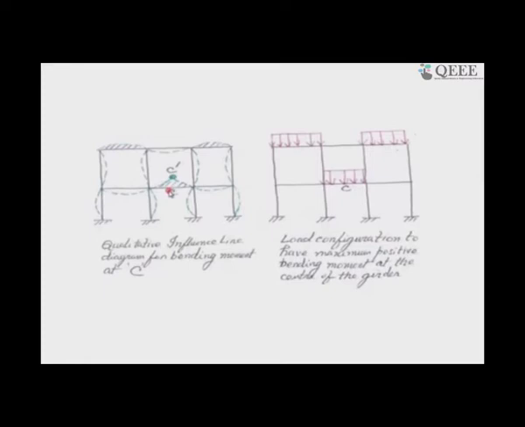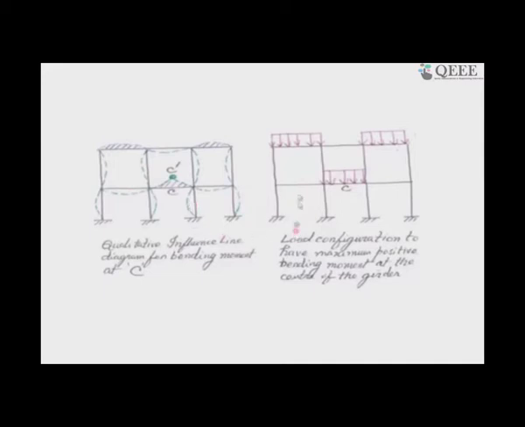This is giving the qualitative influence line diagram for this frame, and it is immediately apparent, if you explore, which part of the building frame should be loaded to have the maximum sagging bending moment here. Here is the answer: this point is positive, this point positive, this point positive. So, you load it here, here and here, you get the maximum. Also, since this is negative, you should not load it vertically downward.